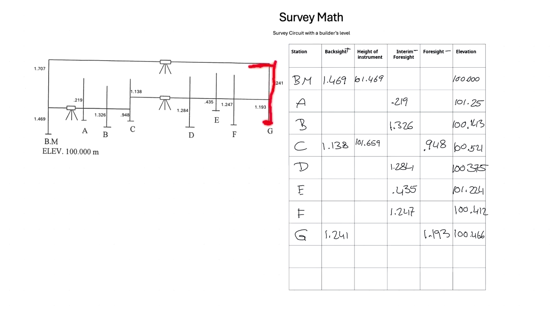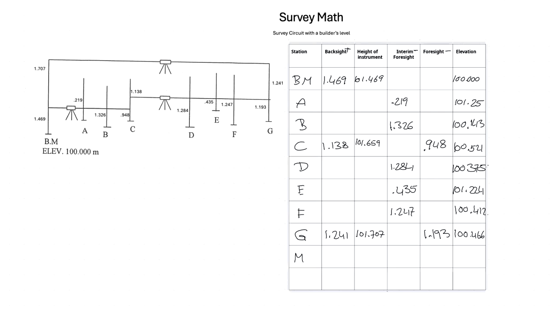And that's why I always have the plus and the minus at the tops here to help myself remember, should I ever lose my brain. So we have our elevation still in the calculator, plus 1.241. And that gets us a new height of instrument of 101.707.